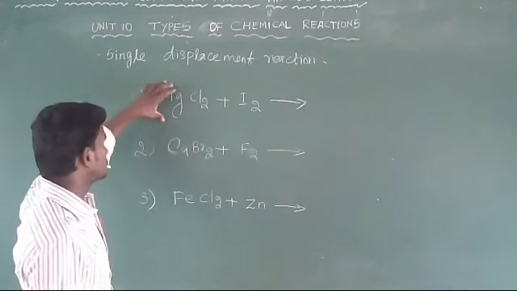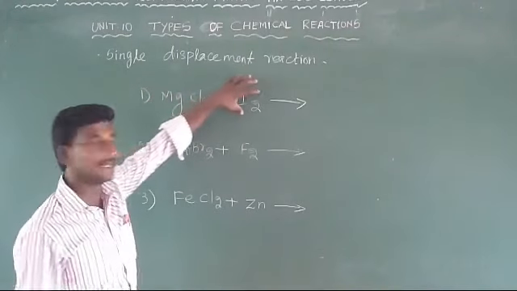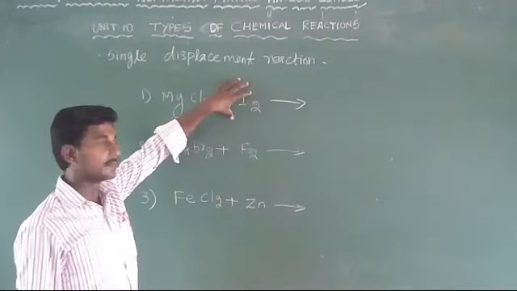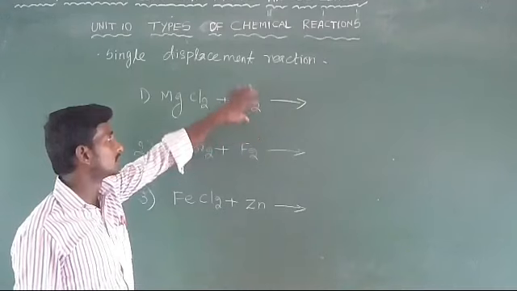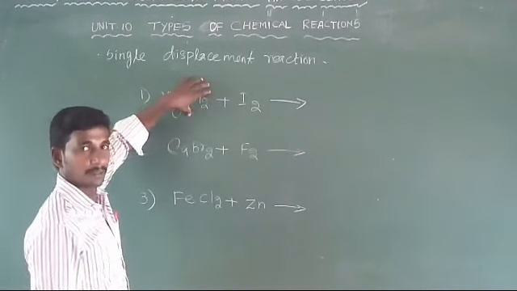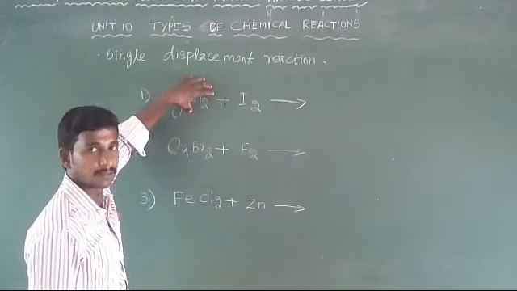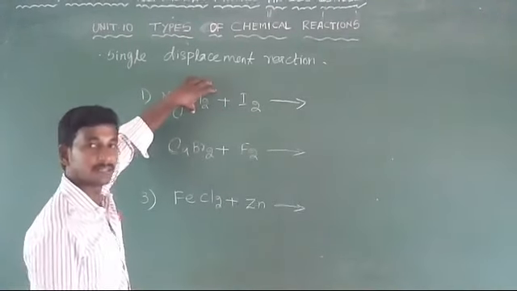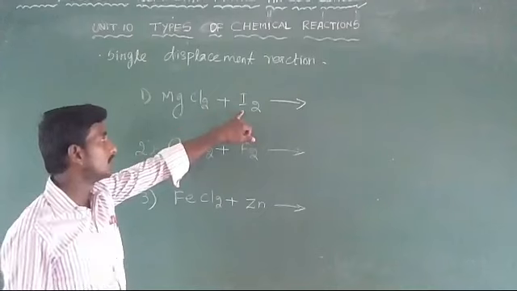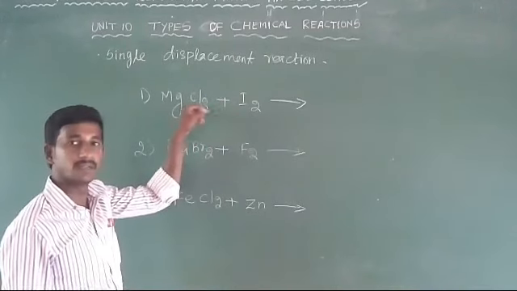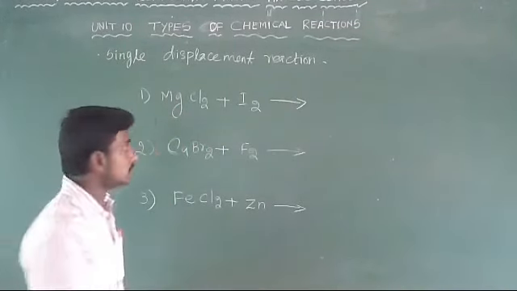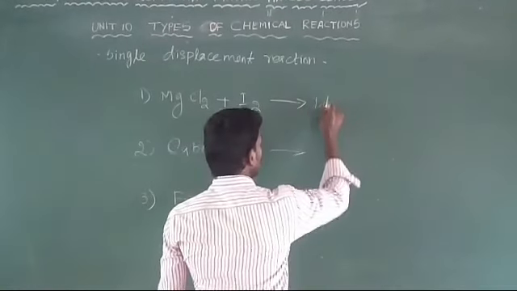In the first reaction, magnesium chloride plus iodine, the iodine is present below chlorine. That means iodine is less reactive than chlorine. So iodine cannot displace chlorine from magnesium chloride, and the reaction will not occur.